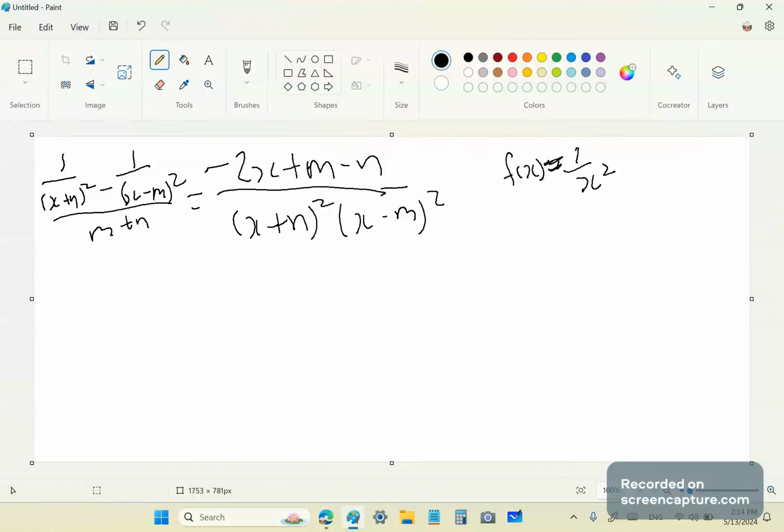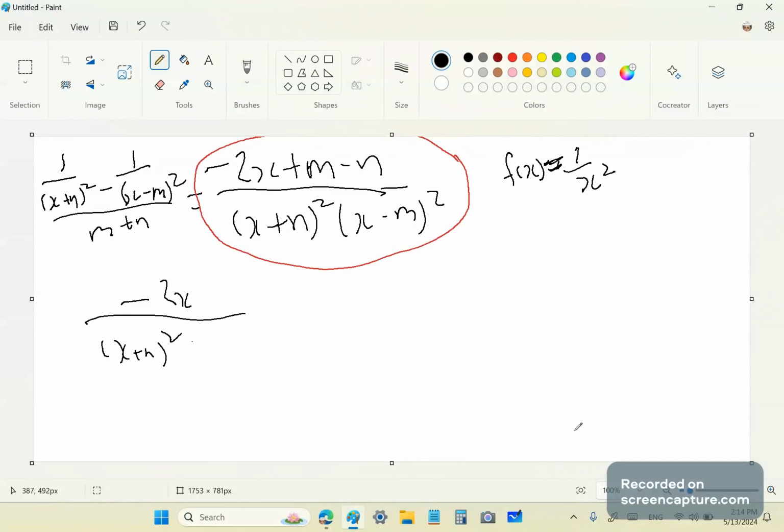But then he decided he was going to break up this expression here into minus 2x over x plus n squared, x minus m squared, plus m minus n over that, right?